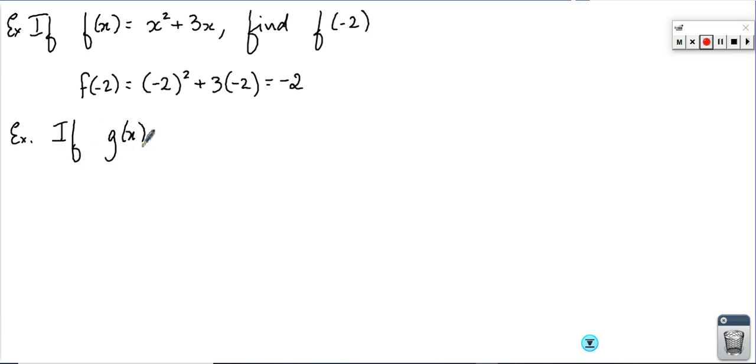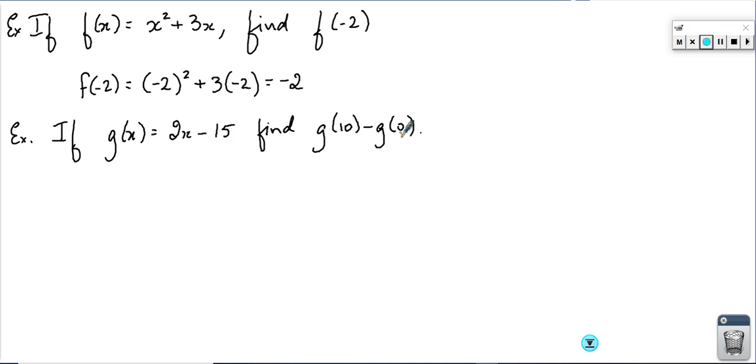If g(x) equals 2x minus 15, find g(10) minus g(0). Now, first of all, as we have seen here, instead of f, I have written g. In fact, when we're using functions, we can write any letter instead of f. All the letters of the alphabet can be used. Normally, we write f because f is for functions, but we can also use other letters, as I have done in this example. So, I know what is g(x), the input is x, this is the process.